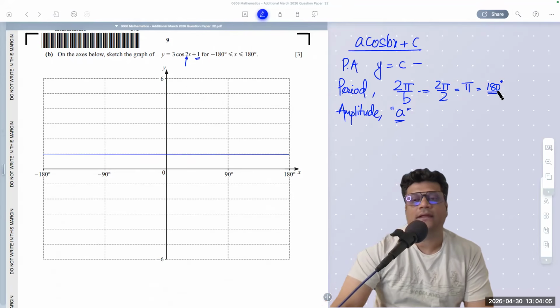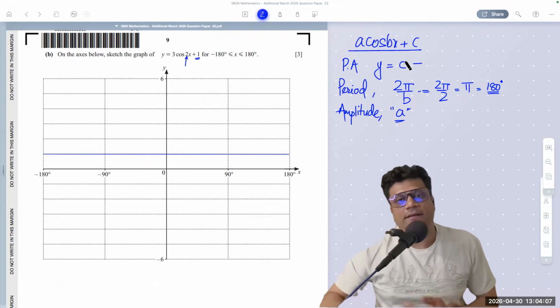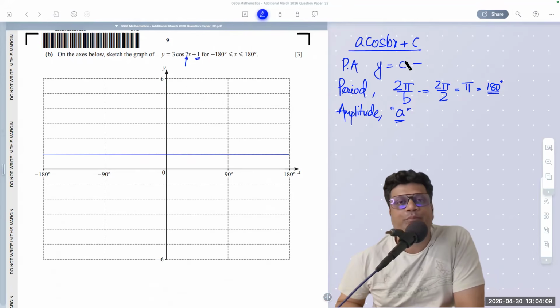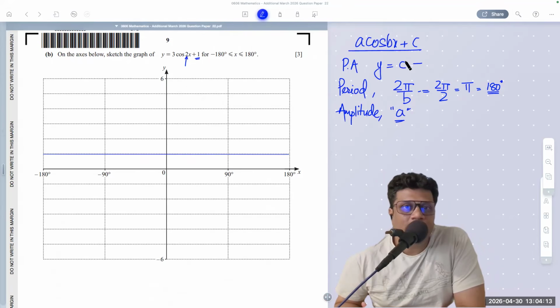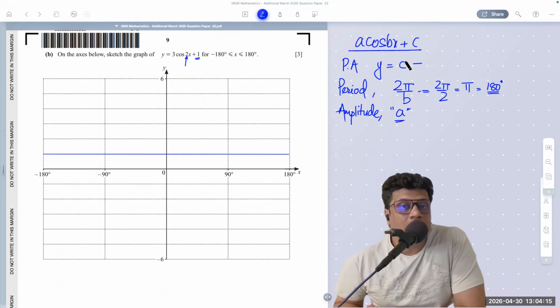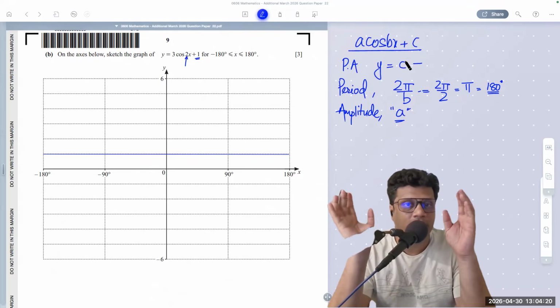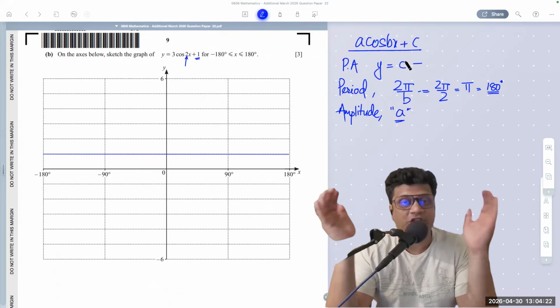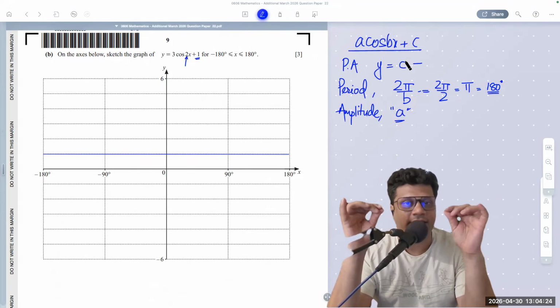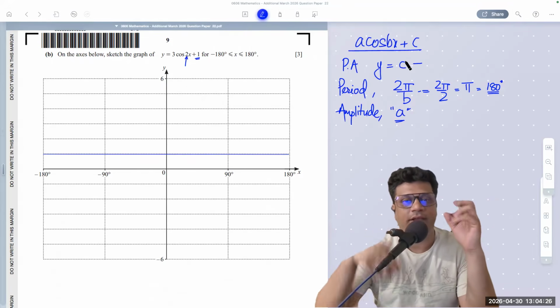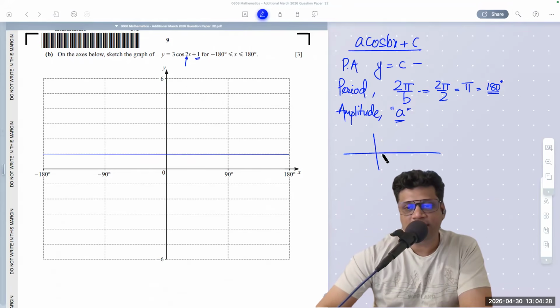Radians. Now, what does period mean when you are sketching a curve? Well, you know you're going to have one entire wave stretched over 180 degrees on the x-axis. That is what it means. If this is 0 to 180, you'll have one entire wave.